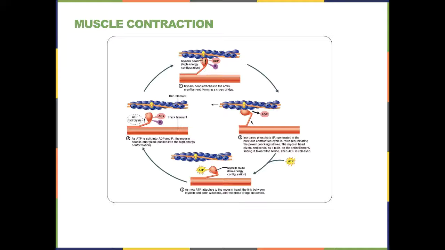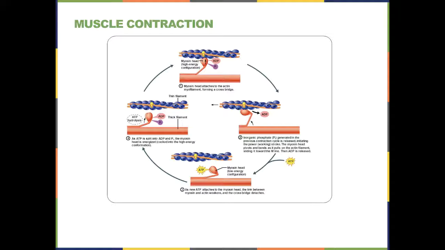The ADP and phosphate are bound to the myosin head. Number 2, moving clockwise, shows the inorganic phosphate is lost and released, and the myosin head pivots and bends as it pulls the actin molecule, sliding it in this diagram to the left.